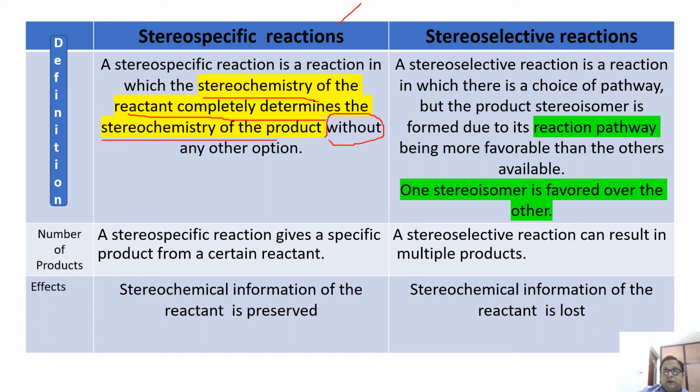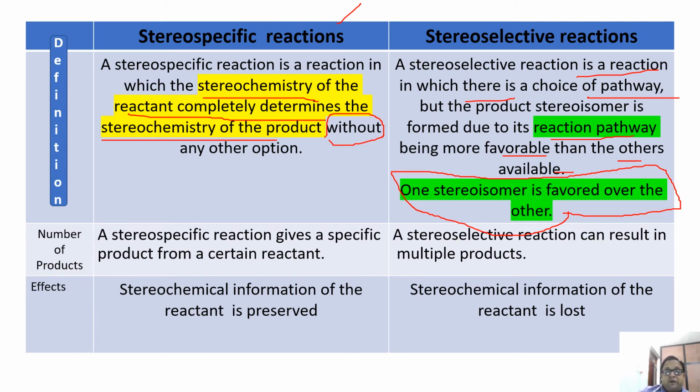However, a stereoselective reaction is a reaction in which there is a choice of pathway, but the product stereoisomer is formed because its reaction pathway is more favorable than the others available. So one stereoisomer is favored over another. In this case, two isomers are formed, but one is major and the other is minor.